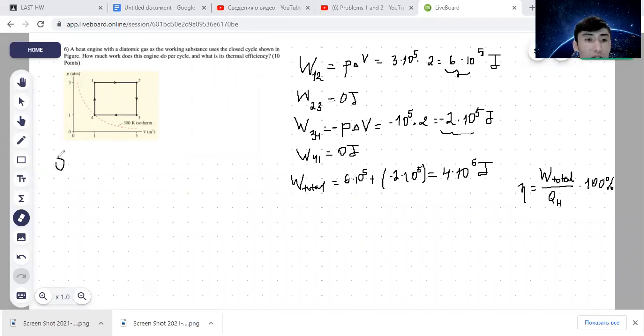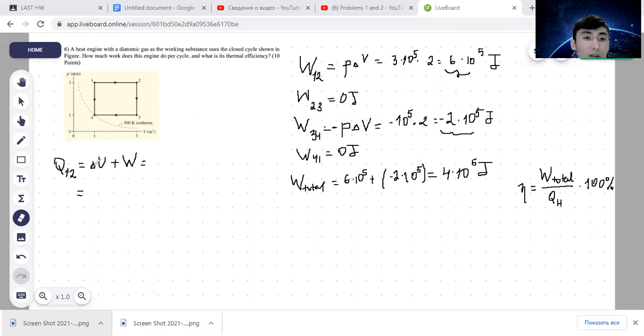Q in each process, in each part: 1 to 2, 2 to 3, 3 to 4, 4 to 1. So let's find the first, 1 to 2. From the first law of thermodynamics, delta U, the change of the internal energy, plus work.